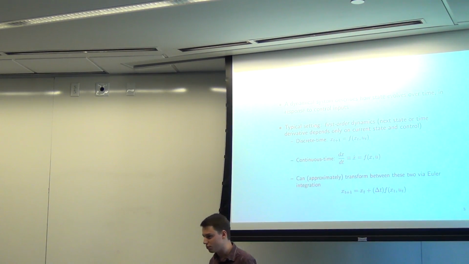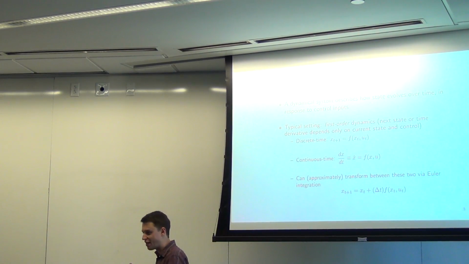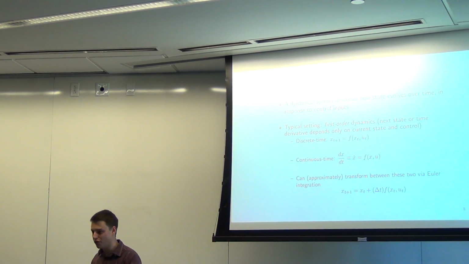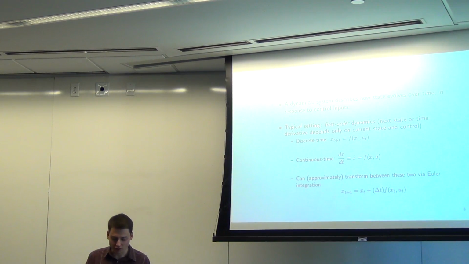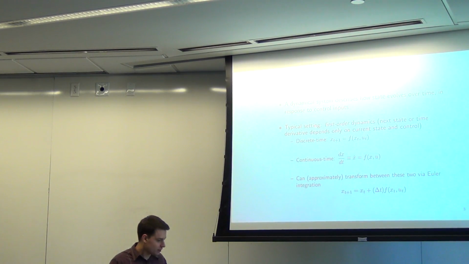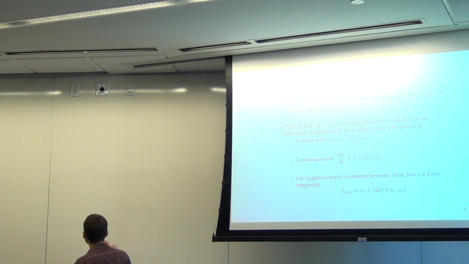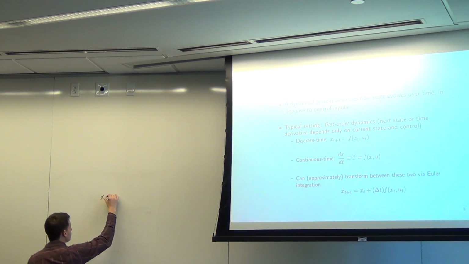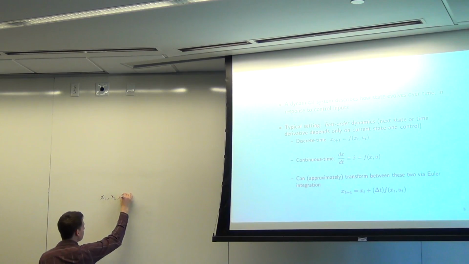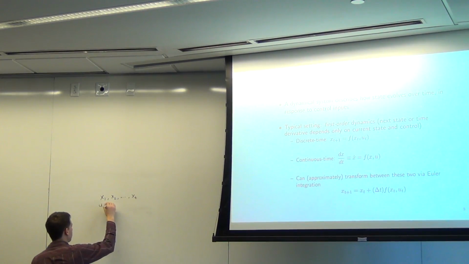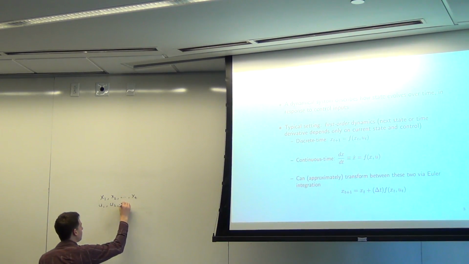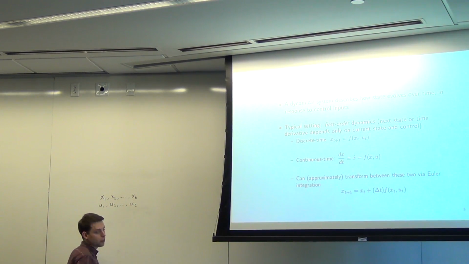The dynamical system describes how the state evolves over time. What I said before was that the evolution of the state depended on the control and the next state, but the dynamical system actually determines how that works. So in theory, you have states from time 1, time 2, all the way up to the current time, which I'll call xt. And you have maybe the same thing for control: control at time 1 all the way up to the control at time t.